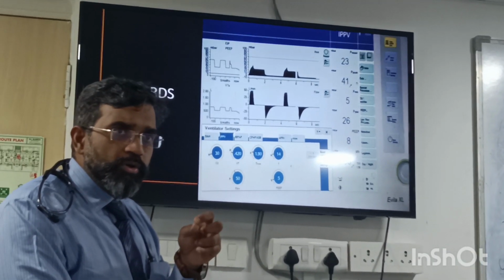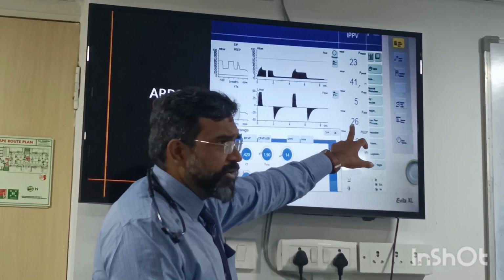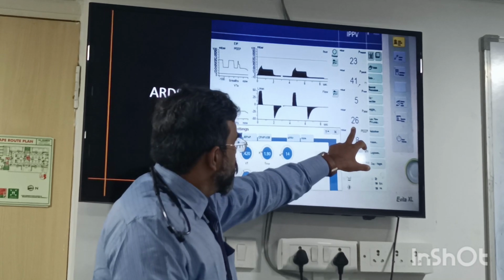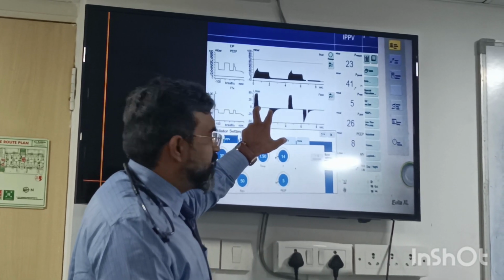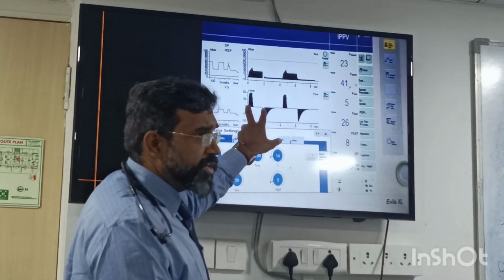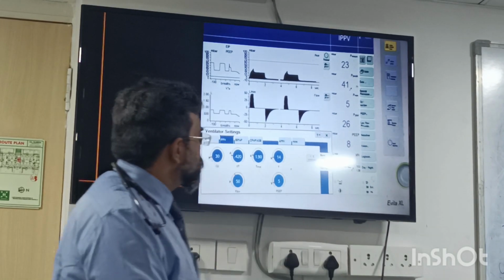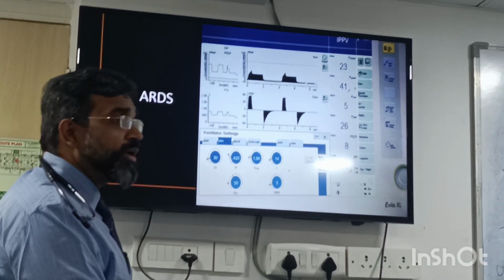I'm showing you, this is real time. My parameter is coming under control, 26. What I'm seeing is very large inspiration and very small expiratory time. I'm getting a plateau pressure of 26. All right. So we are coming down on the minute ventilation. It's now again going lower than 6 liters.